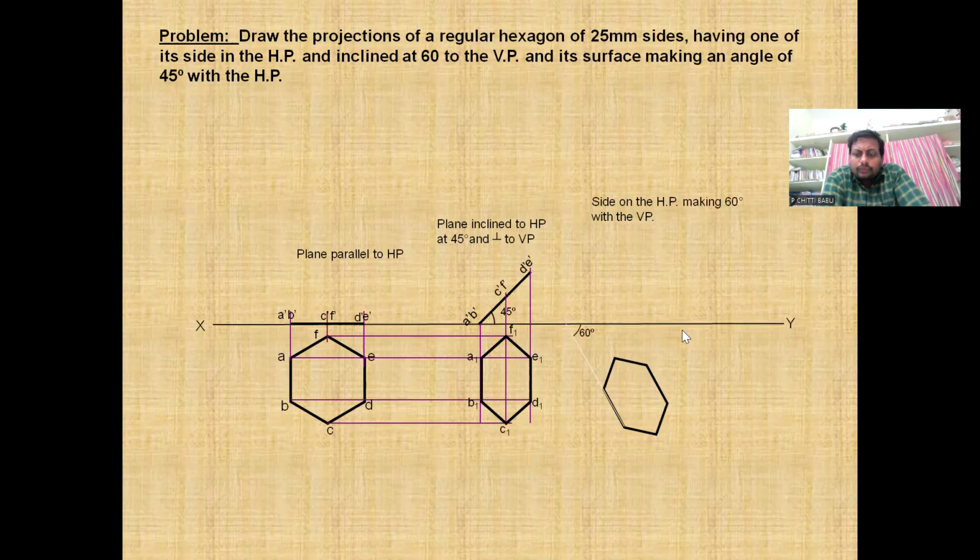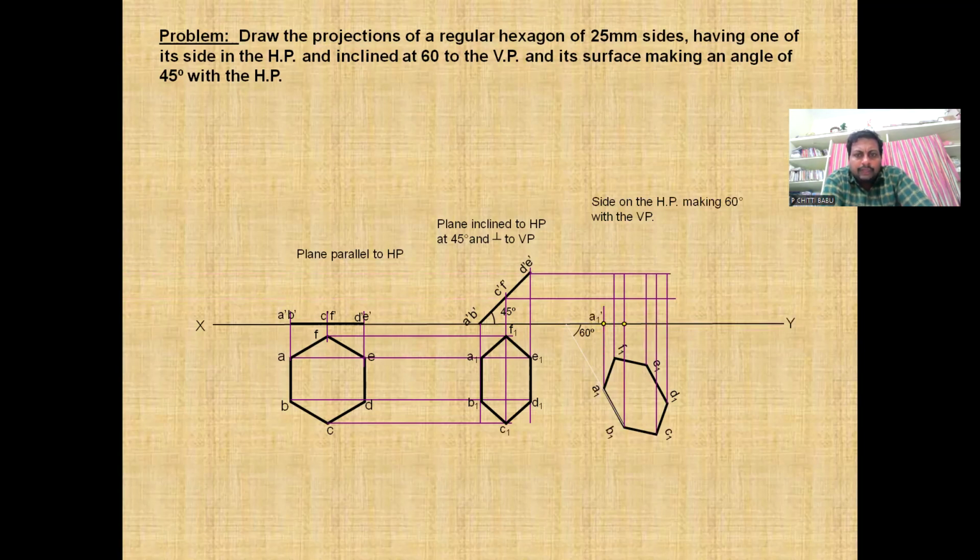Now we need to project all the vertical lines in the same manner. We need to project vertical lines to locate all the points and draw the hexagon. Then we need to project all the lines, horizontal lines and vertical lines. Locate all the points. A to A dash.